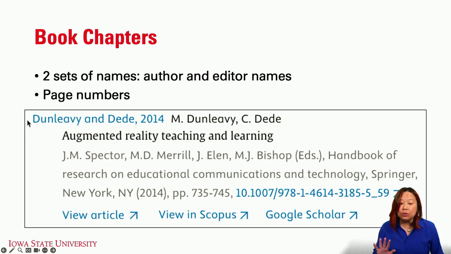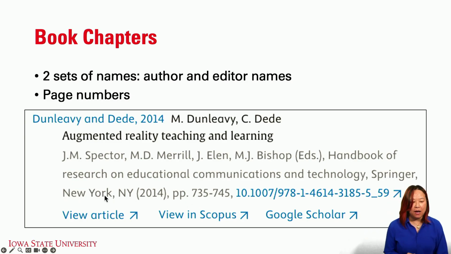So usually when you see a book chapter, you have the author names, the title of the chapter, and then the editor names, followed by the title of the book that it's found in. Same as the other book, you've got the publisher location, but here's the tip-off.